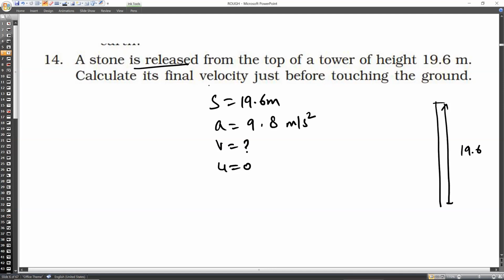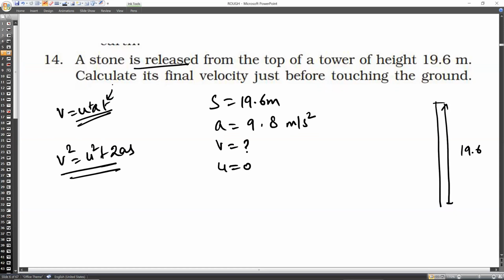What I'm saying here: time is neither given nor being asked. So in which equation is time not there? V is equal to U plus AT has time. So only the third equation, V square is equal to U square plus 2AS.